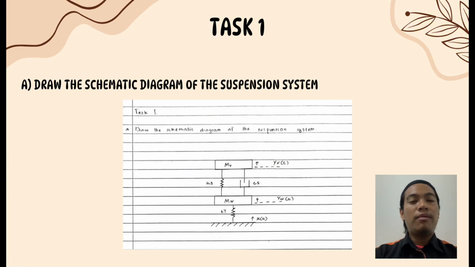We have MV mass block, we have KS spring, we have CS damper, we have MW mass block, and we have KT spring. After that, we have XT as the rod. So we just convert the Figure 1 suspension system to the schematic diagram of the suspension system.